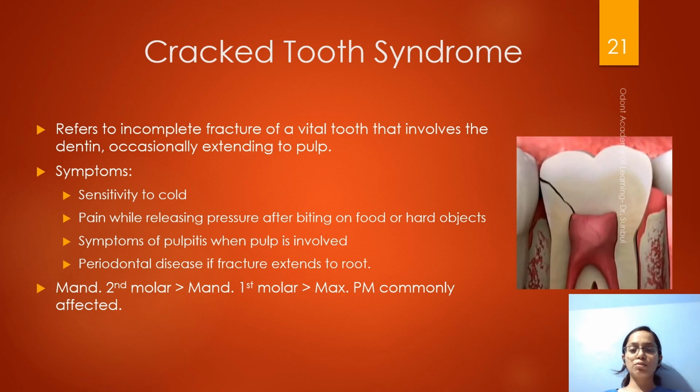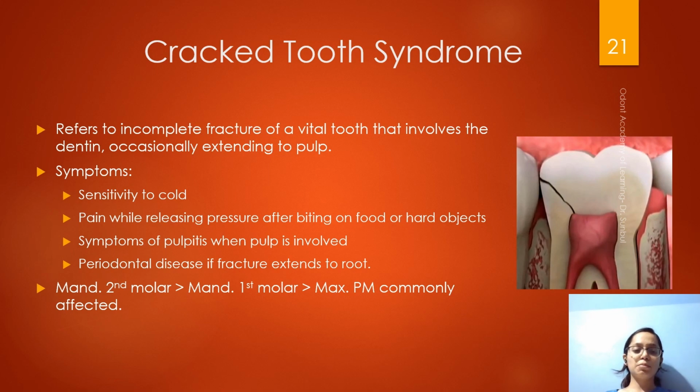So cracked tooth syndrome, as you can already understand from the term, is there might be a fracture of a vital tooth that may have happened, which is extending to the dentine, probably also extending to the pulp. Okay, the symptoms that the patient will come to you with is sensitivity to cold, and when they are releasing pressure after biting on any food or hard objects, then the pain is being experienced.